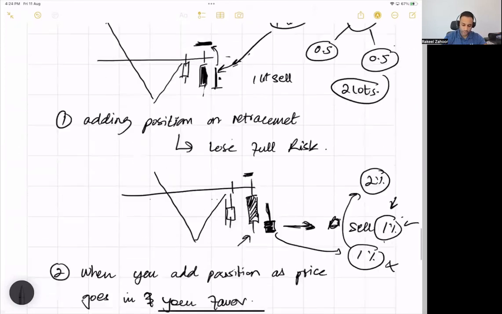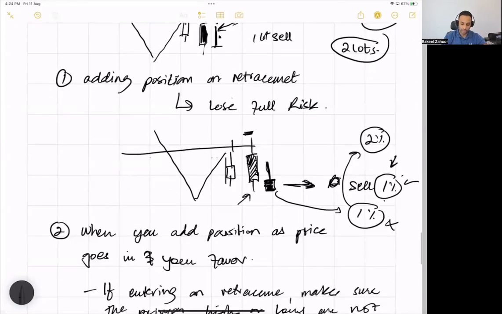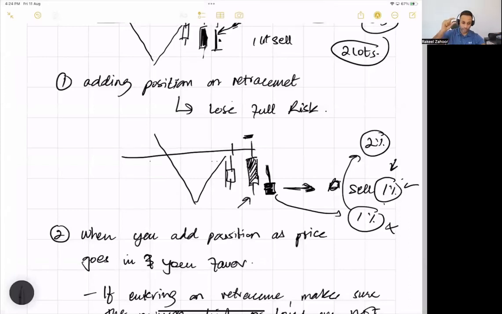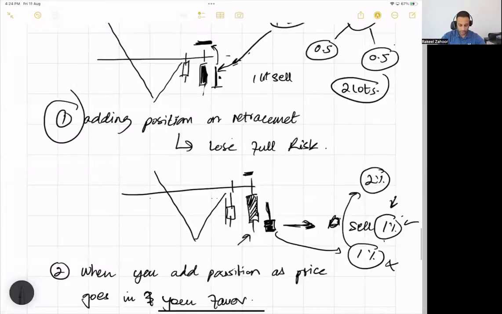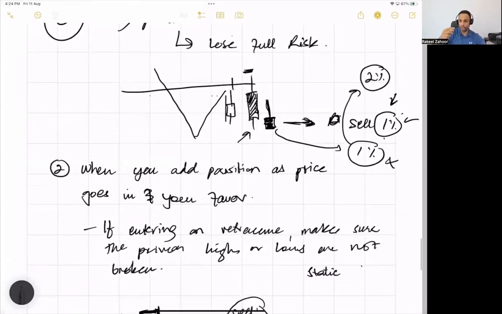Dynamic risk is when you are using a smaller percentage to begin with, and then you're adding position to the trade as it goes against you. That's the first scenario, which we discussed right here. And then the second scenario is that you're adding position to the trade as it goes in your favor. So one, you add position as it goes against you. Second, the much safer one, is when you add a position as price goes in your favor. So two levels of dynamic risk.